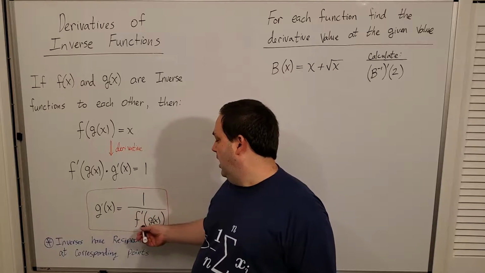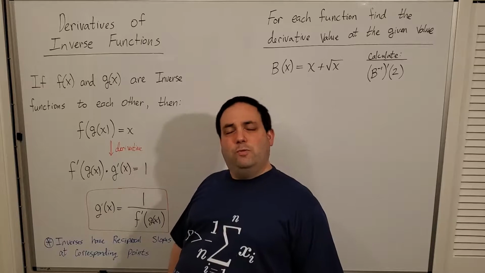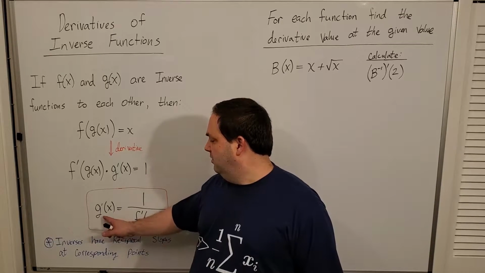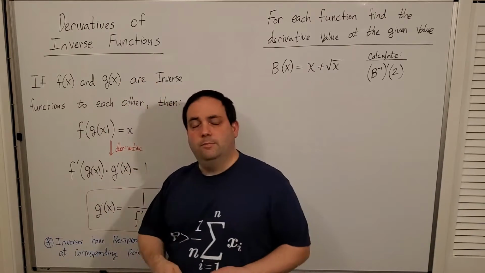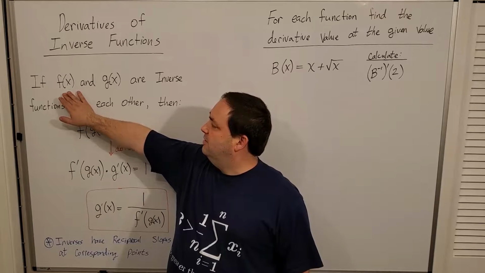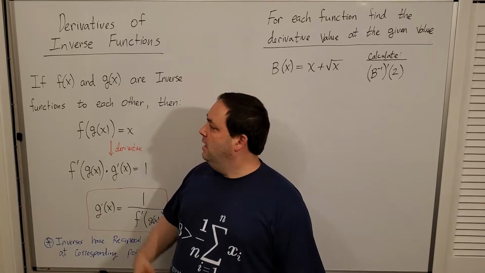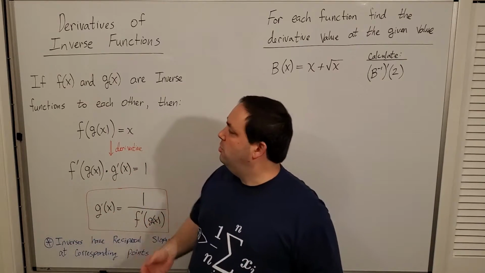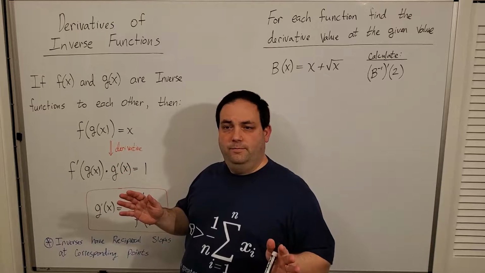And it may not look like it, but what I've actually been able to set up here is a derivative of the g function. Okay, so let's go all the way back to the beginning. Let's say we already know how to take the derivative very easily of some function named f. Come along down the road and we find out, oh wait, g is the inverse of f.